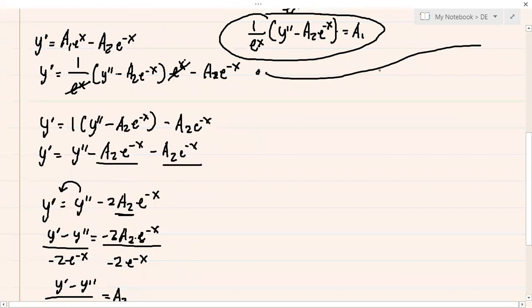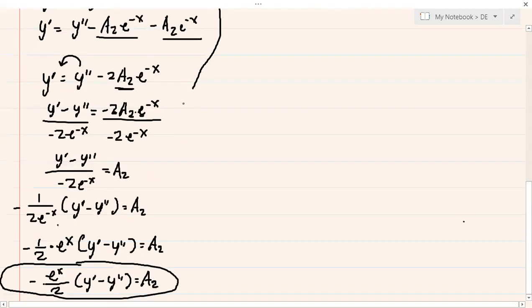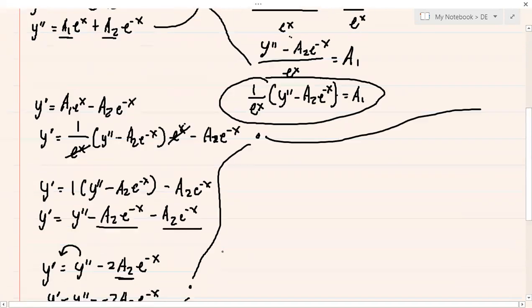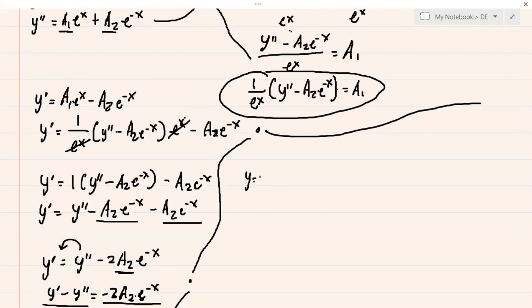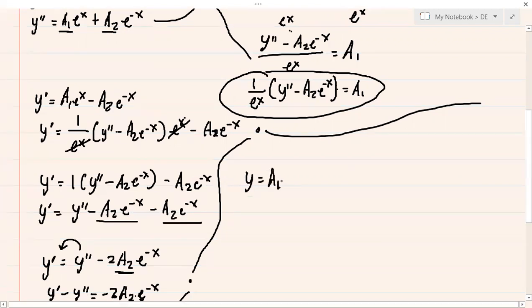Okay? So, I will make a border para di tayo magkalito. Alright? So, dito, sa original nating formula, we have y is equal to a sub 1 times e raised to x plus a sub 2 times e raised to negative x. Pwede ako mag-substitute na kaagad.